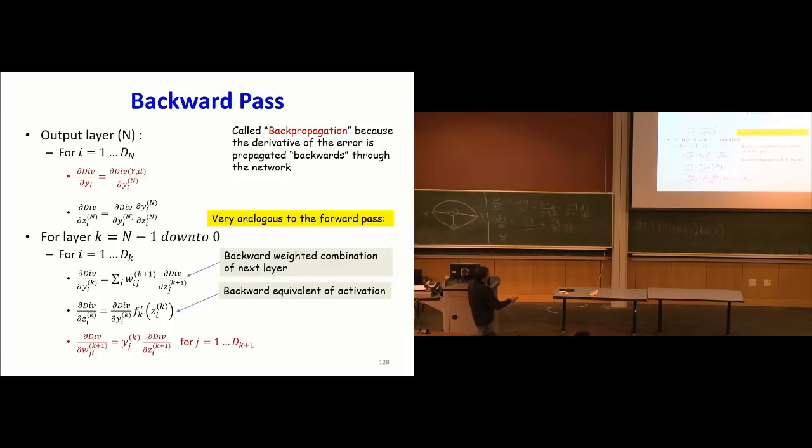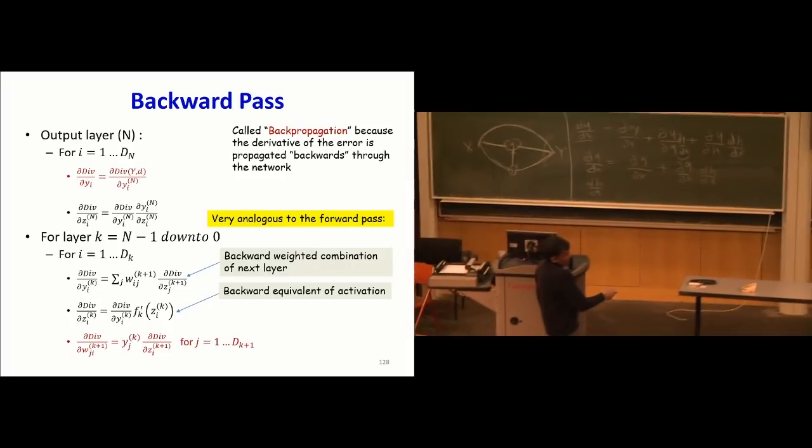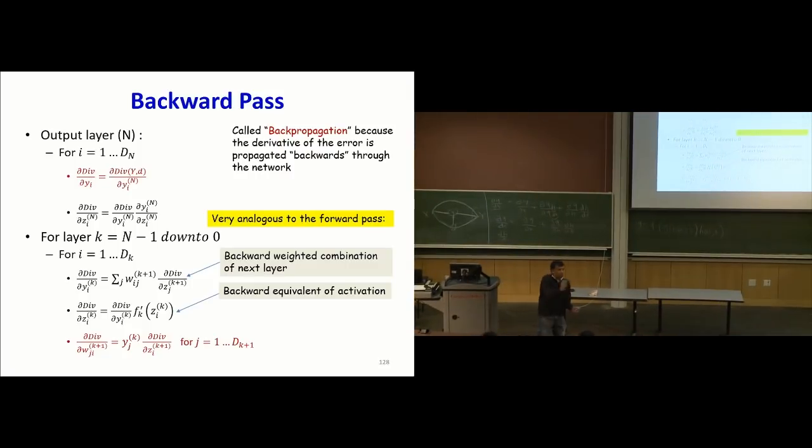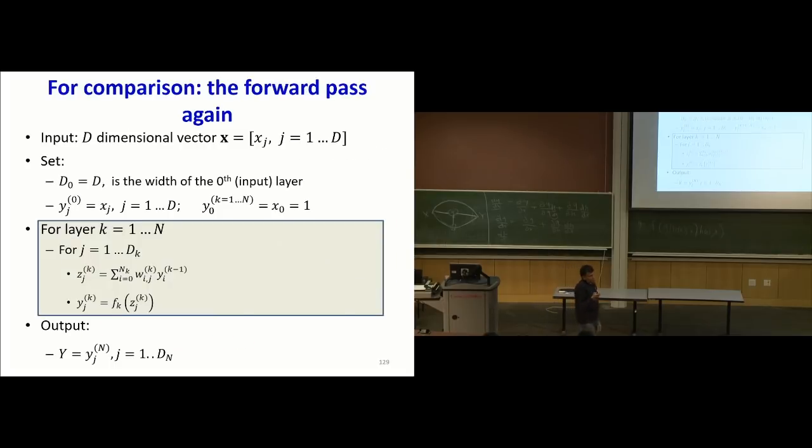When I go in the backward pass, in each loop I'm computing an affine combination, but this time of the derivatives, and then doing the equivalent of applying an activation to it. So the forward code can literally be flipped and used for the backward pass, because the process is basically exactly the same. Questions?